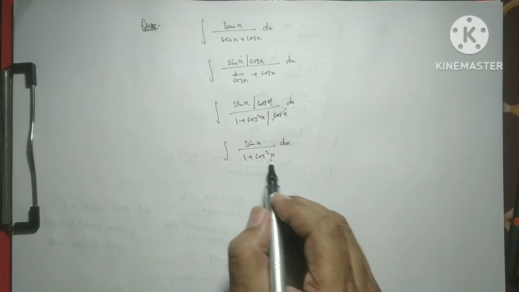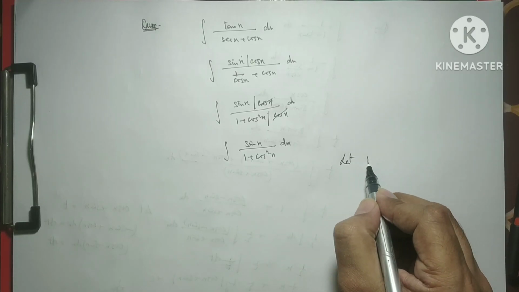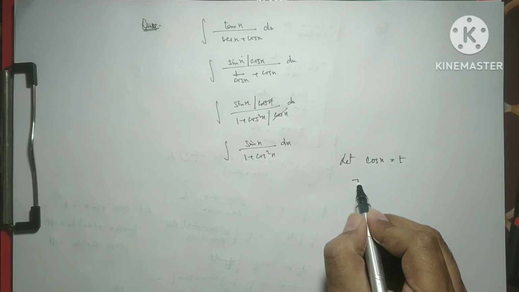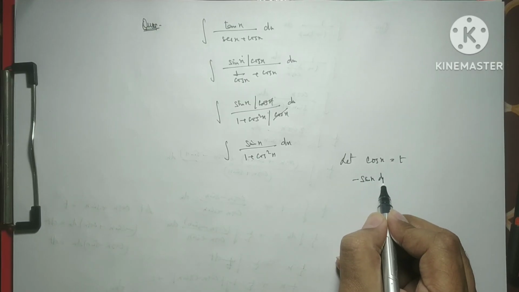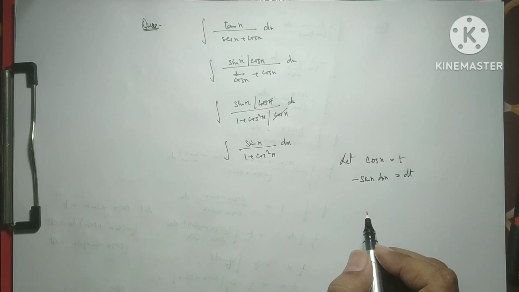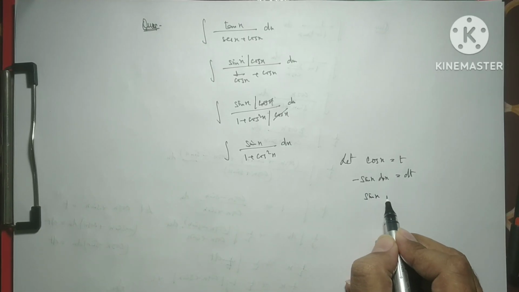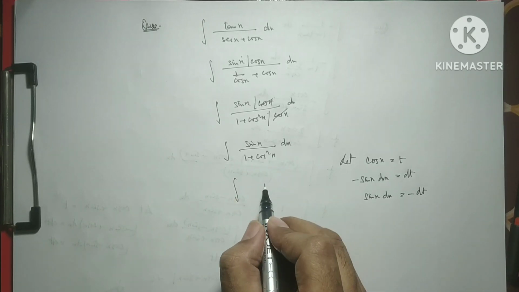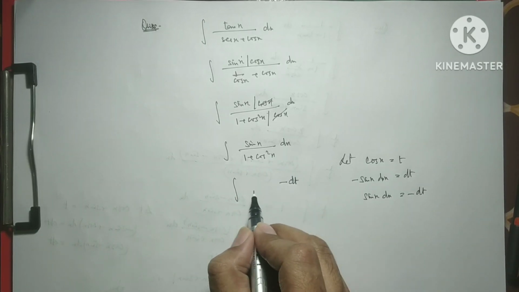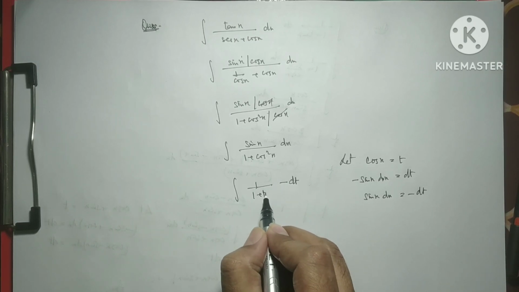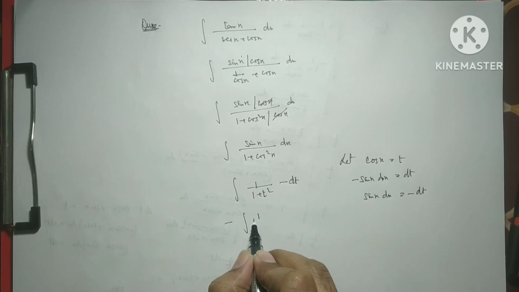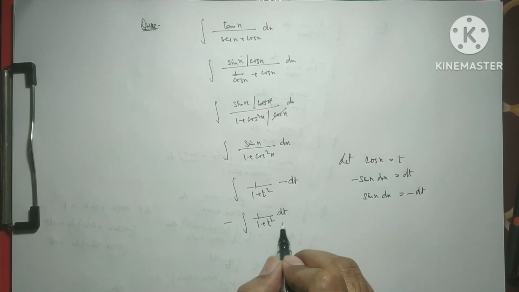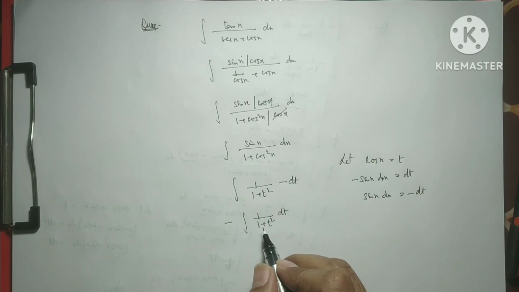So we assume cos x as t. So the differentiation of this is minus sin x dx equals dt. So sin x dx is minus dt, and now this becomes minus dt over 1 plus t square, meaning we have the integration of 1 over 1 plus t square dt, and this is the integration according to the standard formula.